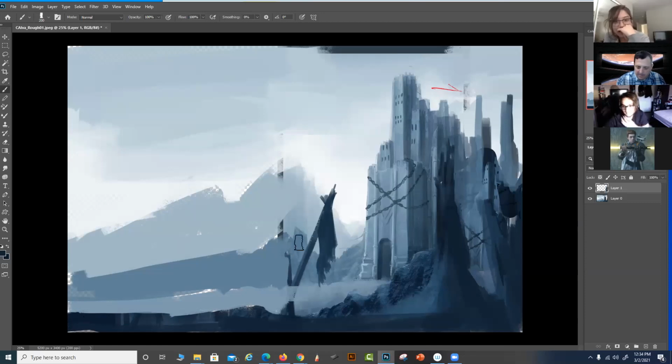I really like this idea that you put in here. I think it's really nice. That looks like a fallen flag, right, from somebody. So if we widen out your composition a little bit, you could have another guy sort of up in here.